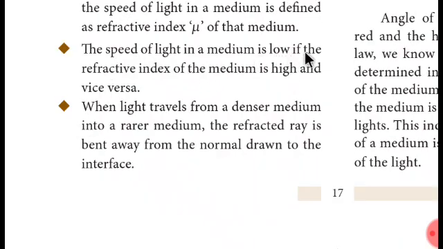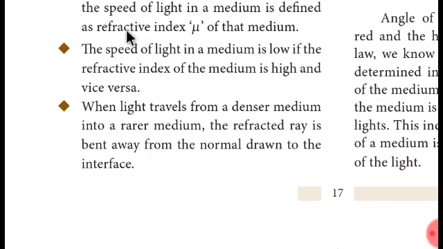The speed of light in a medium is low if the refractive index of the medium is high, and vice versa. This thing I already told. See, the speed of light in a medium is low if the refractive index of the medium is high. In diamond, the refractive index is 4, so the speed of light in diamond is very slow. See, there comes the rhyming.